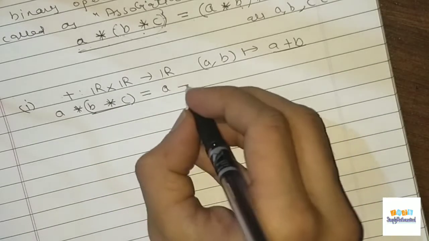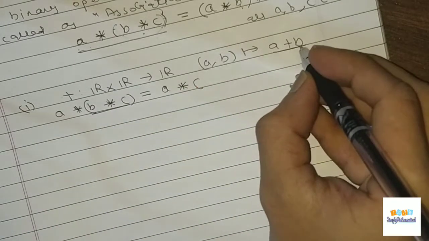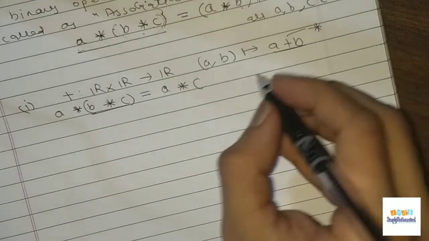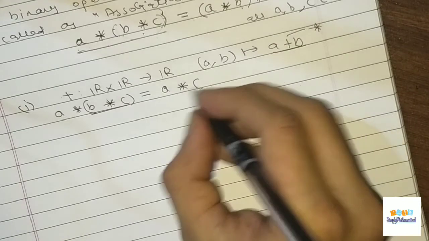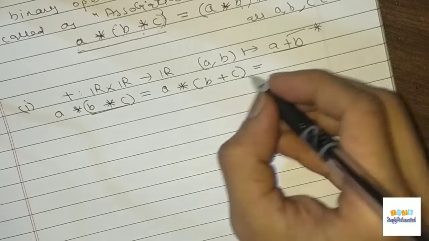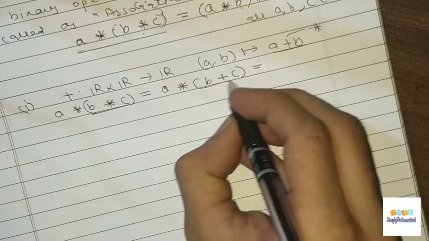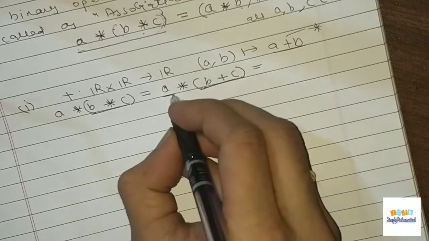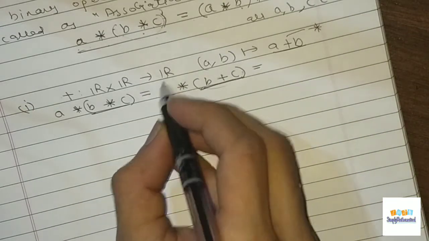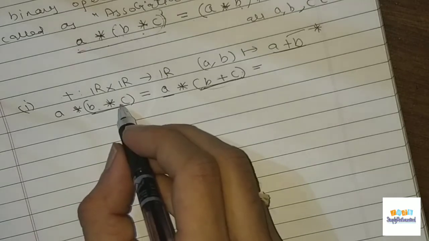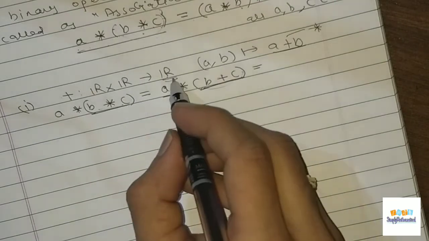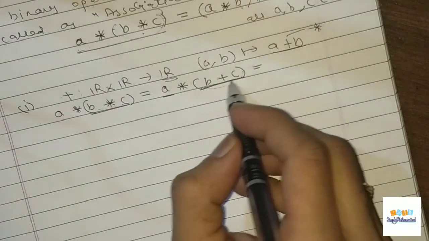So B star C is nothing but B plus C. This is our operation star. So what you will get is (B plus C). Now this is one element, and this is another element. B plus C is in the real numbers. You have done the operation, which is addition, and which takes the elements (B, C) to the real number B plus C.